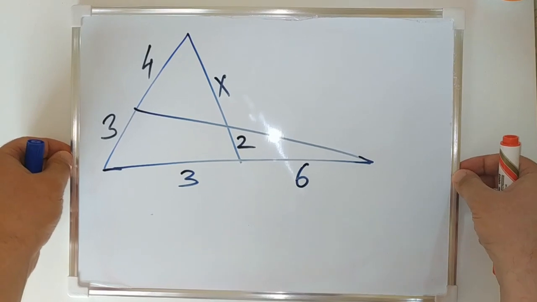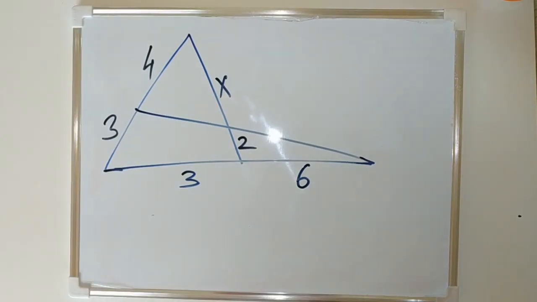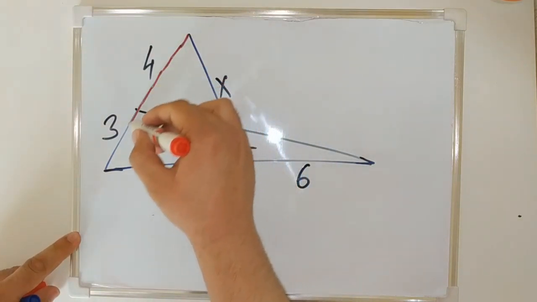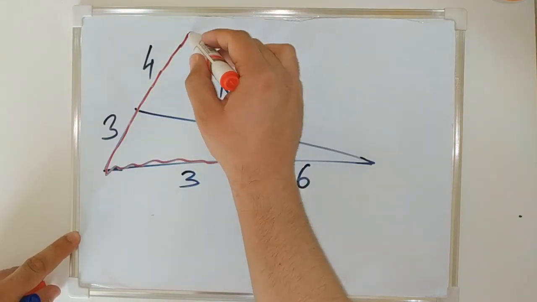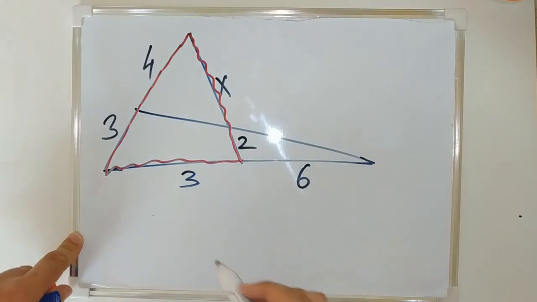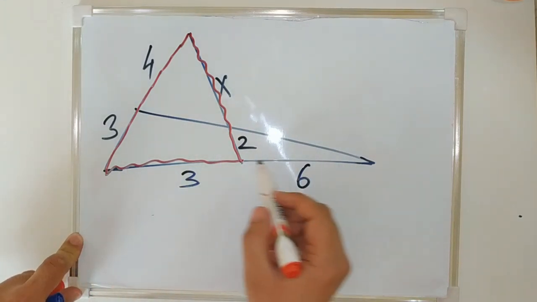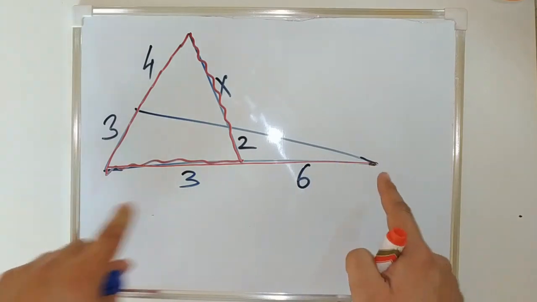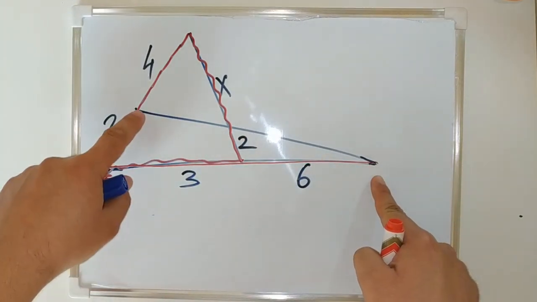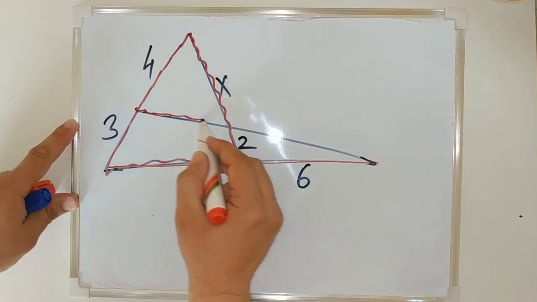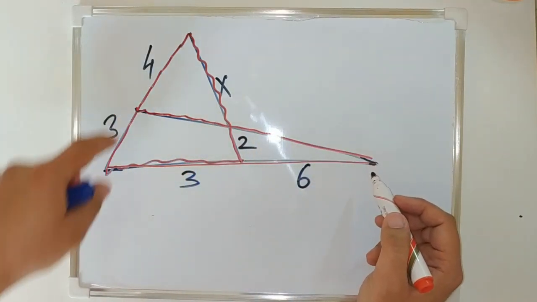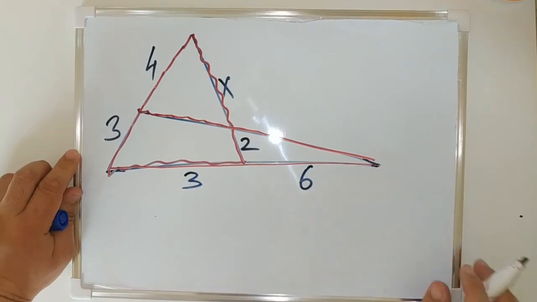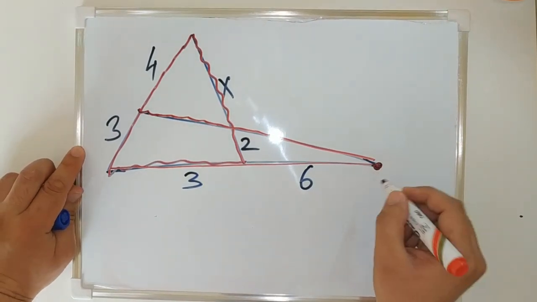Alright, so let's look at the problem from another aspect. Let's say that this triangle is our principal triangle. So I have extended this side and I got this point. And from this point I drew a line segment to the remote side of the triangle. So in this case I have to start from this point.